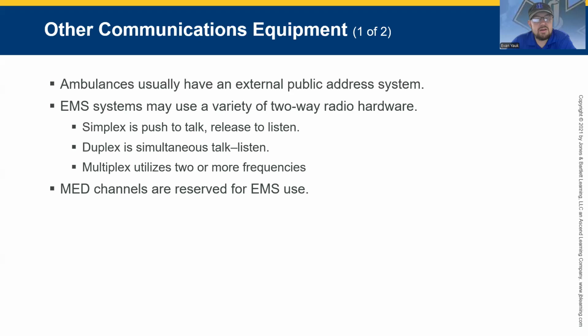EMS systems may use a variety of two-way radio hardware. Simplex is push to talk, release to listen. Duplex is simultaneously talk and listen. Multiplex utilizes two or more frequencies. EMD channels are reserved for EMS only.